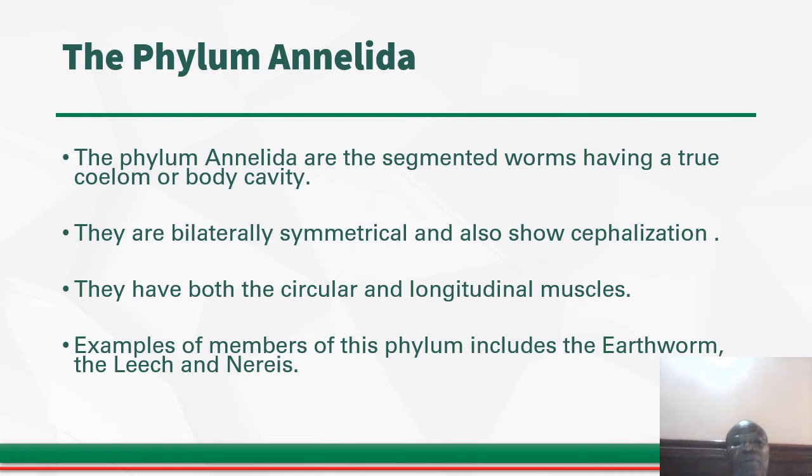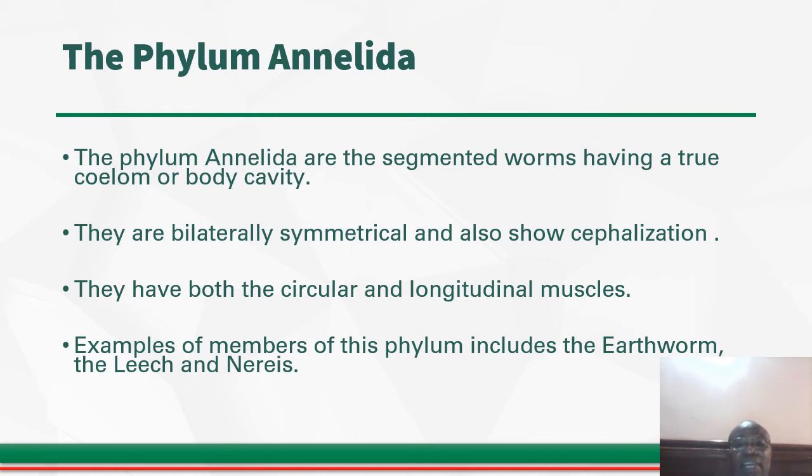Then now we talk about the third phylum that we are going to discuss today, and that is the phylum Annelida. This phylum Annelida are the segmented worms that have a true coelom or body cavity. So they have a cavity in their body. They are bilaterally symmetrical and also show cephalization.